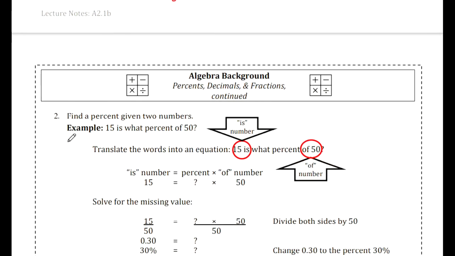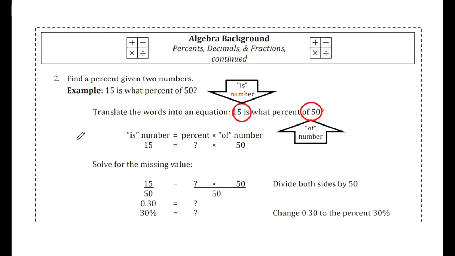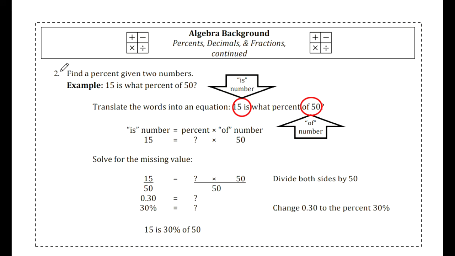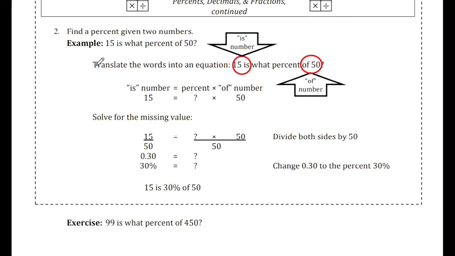The second of the three types of percentage problems looks like this one here next to number 2, where we want to find a percent given two numbers. So for example, 15 is what percent of 50? Here we know what the is number is.